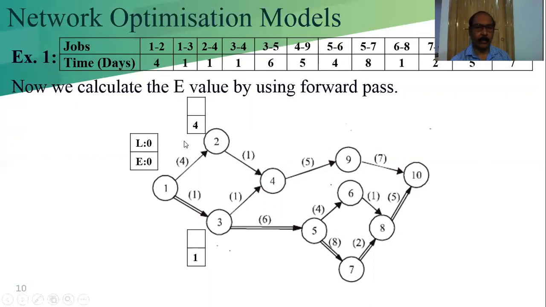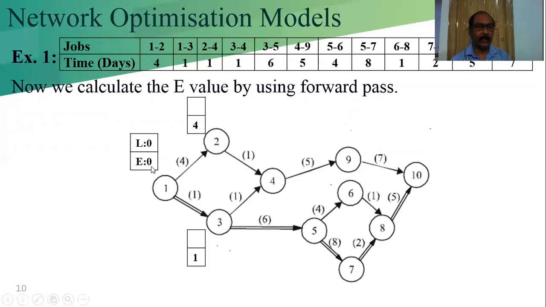This is already drawn, so now we calculate the E value using the forward pass. This is our start node or start event. Here we consider E equal to 0 and L equal to 0. L we will get when we calculate the backward pass.